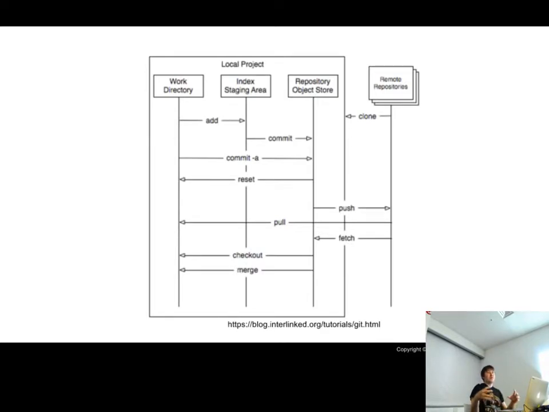And whenever you want to save this state in the repository, you use commit, usually with a message. Automatically Git will store the author and the message and create a commit snapshot with the files that are referenced in this commit.